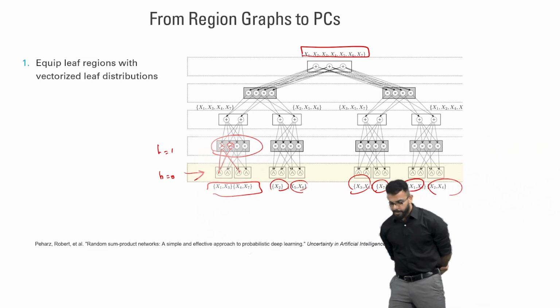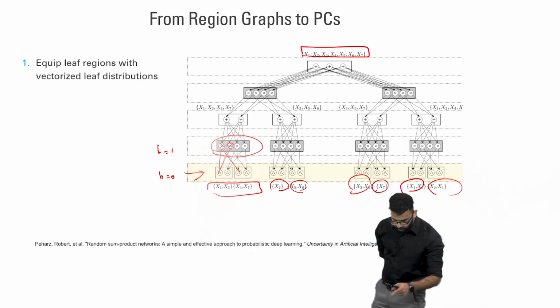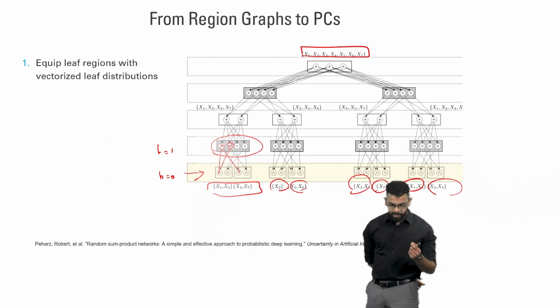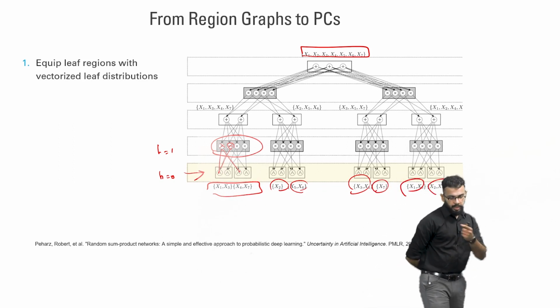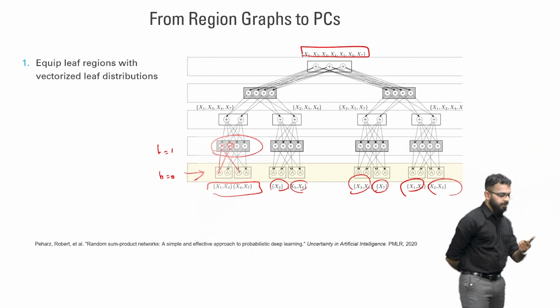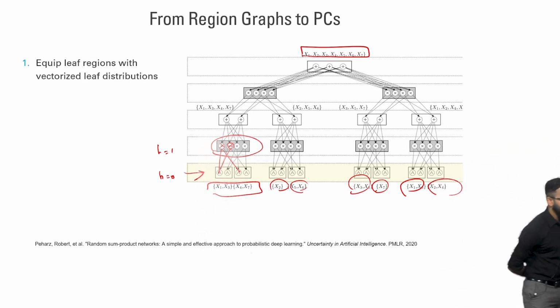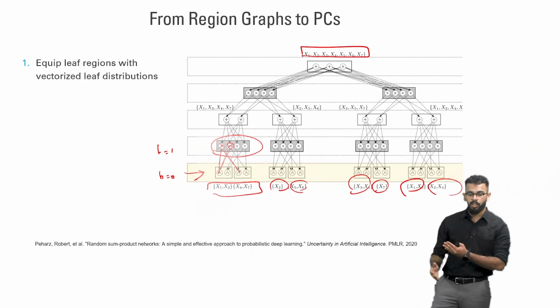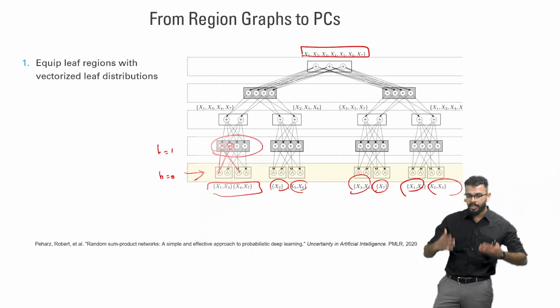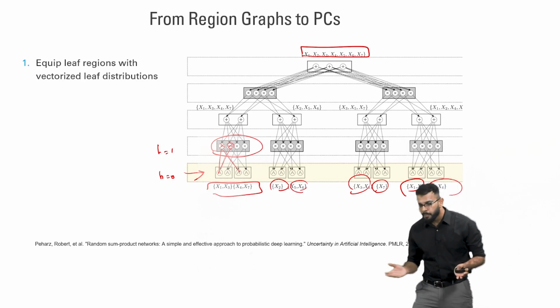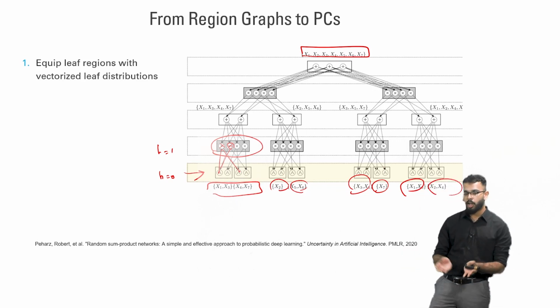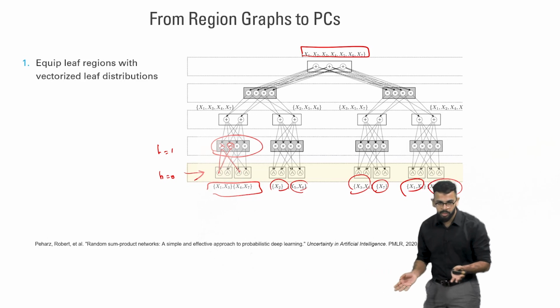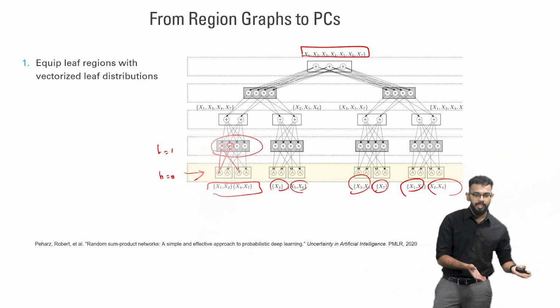Yep, that's a very good point. I did not think of explaining that. So like he said, when you learn, you are looking at these independencies as being present in the data, and then you are enforcing this through a product node. But in this representation, you are defining this structure a priori, right? So these independencies might not really hold, because you have these random structures, and when you're randomly sampling, the independencies they lead to might not be present in your data distribution, which means you might have lower expressivity.